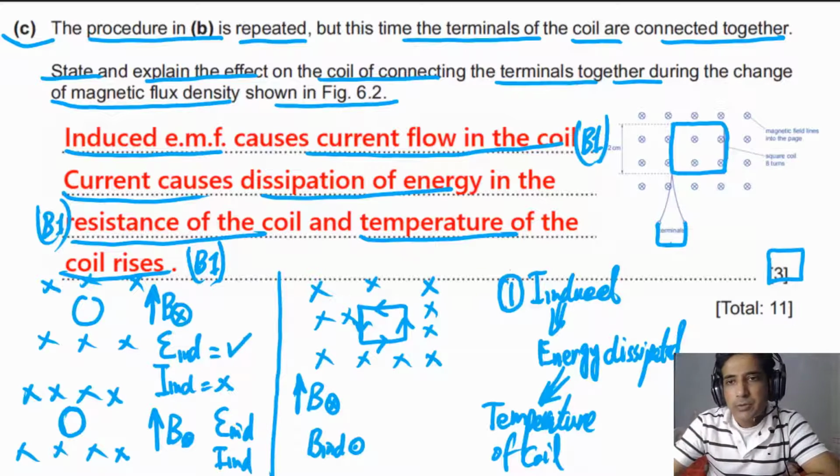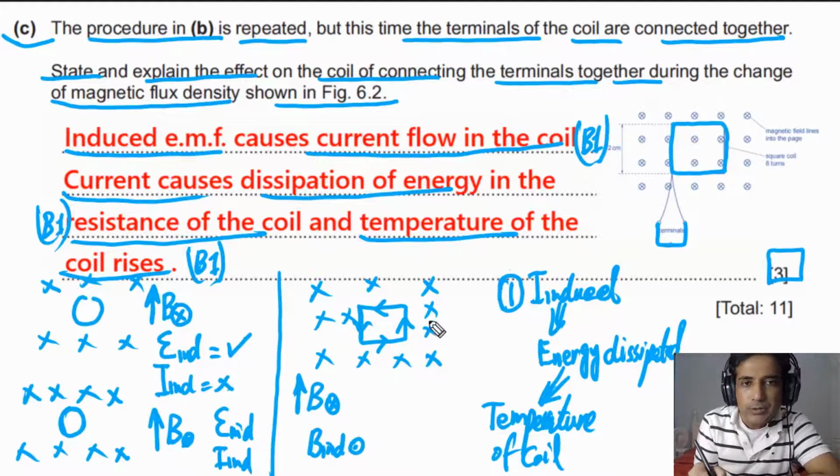Let me explain the second way, based on forces. As current will flow in this coil, and this coil is placed inside an external magnetic field, we need to understand the motor effect, meaning how forces will act on this coil. First of all, imagine that we have only this piece of wire, placed inside the external magnetic field.